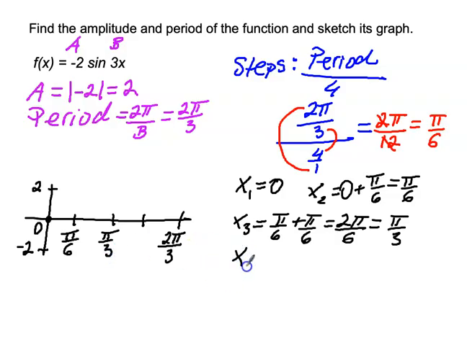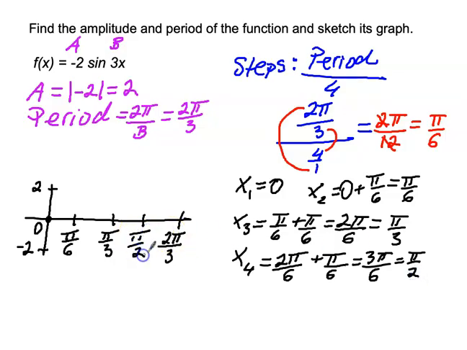And x4 is going to be, I'm going to take 2 pi over 6 instead of pi over 3 because it's easier to add fractions, right? Since we have a common denominator. So now we have 3 pi over 6, which is pi over 2. So this is going to be pi over 2.